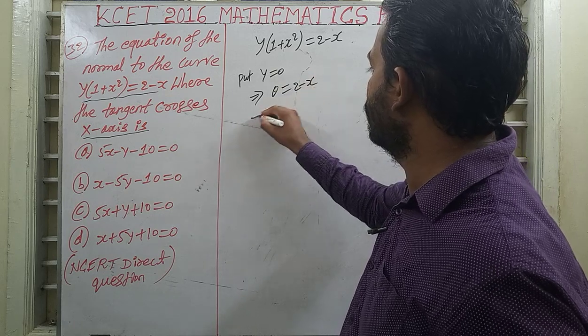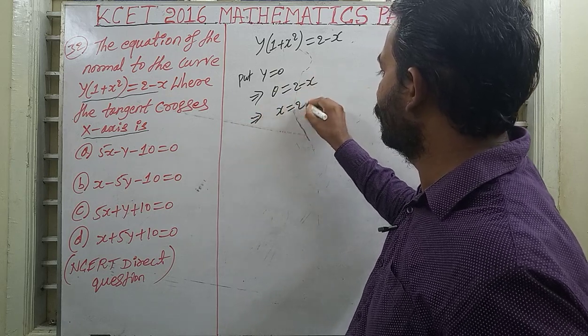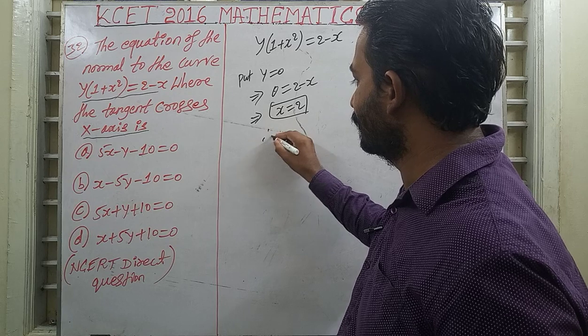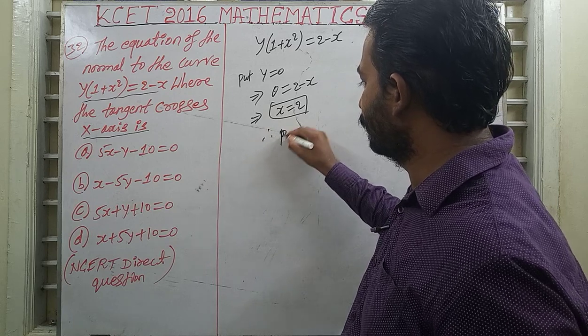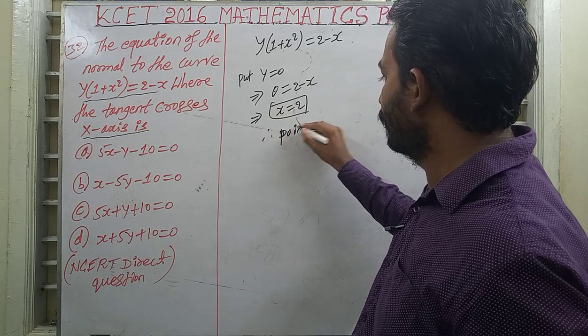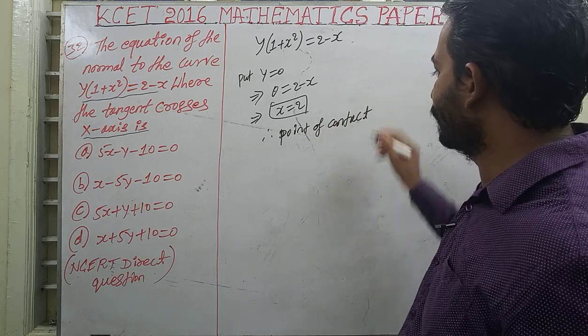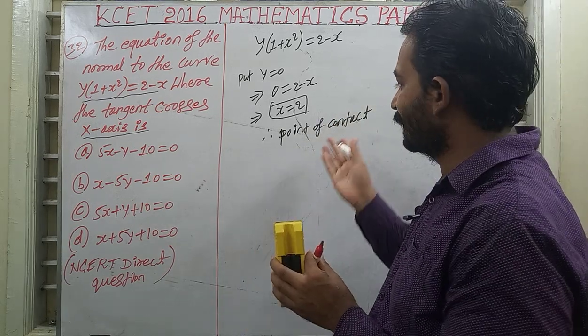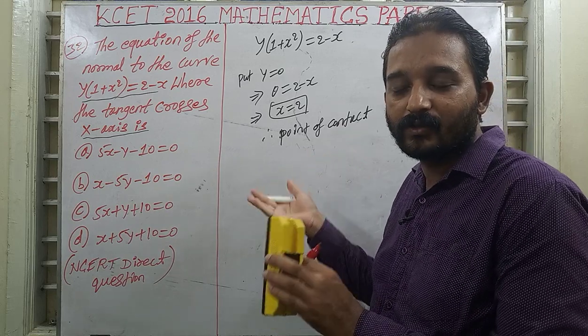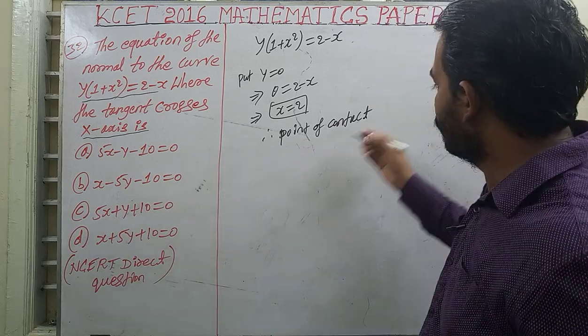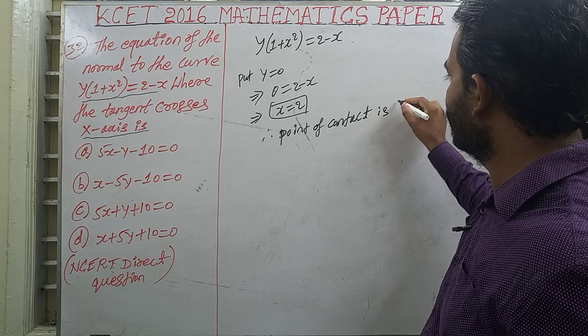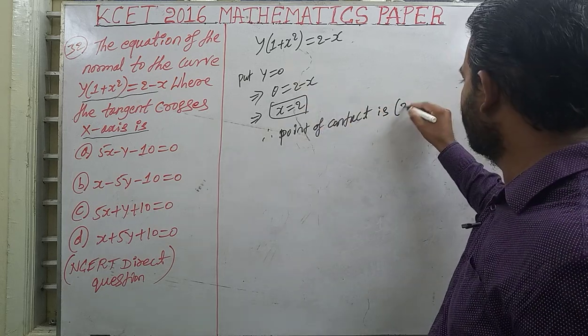This implies x is equal to 2. Therefore the point of contact is, point of contact means we have to find the normal at that point, which is common for both the curve and the normal. The point of contact is (2, 0).